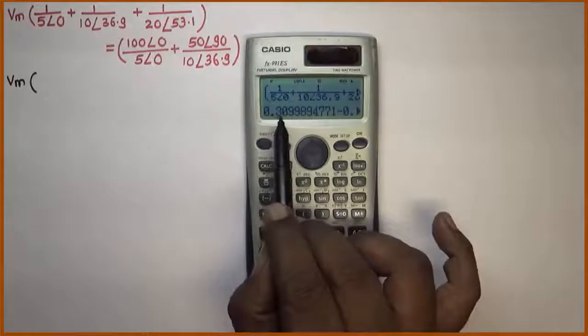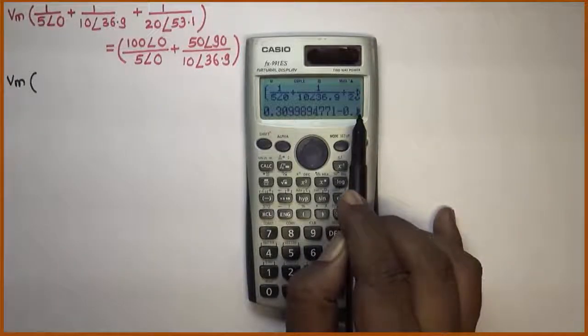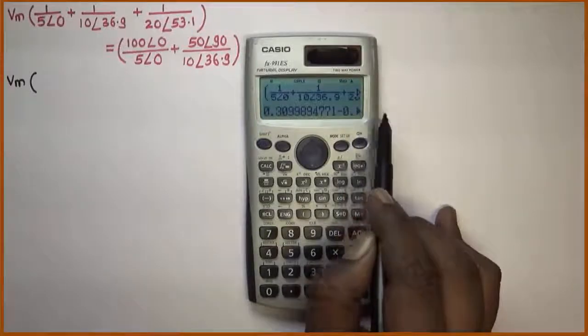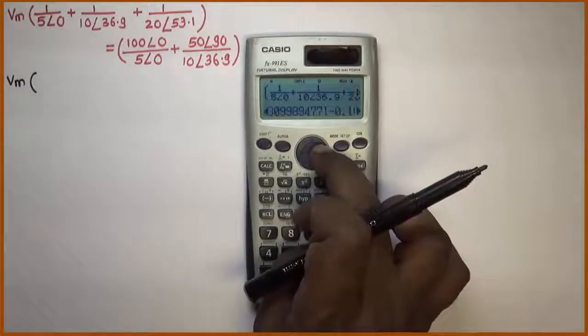We find that this part is real and some numbers are there on this side. This arrow indicates some numbers are there on this side. If you want to see these numbers, you have to press this right key.